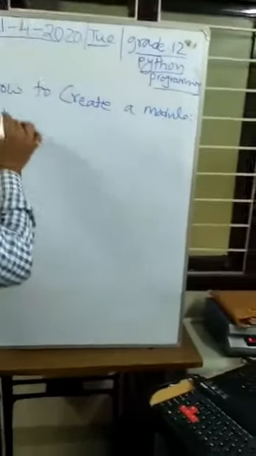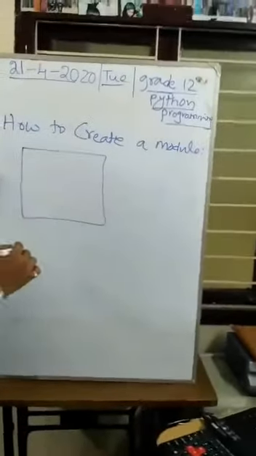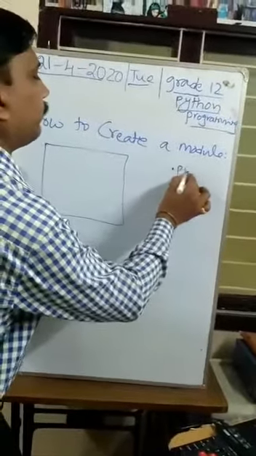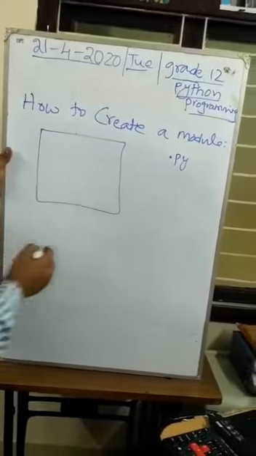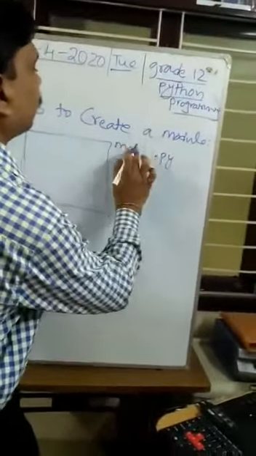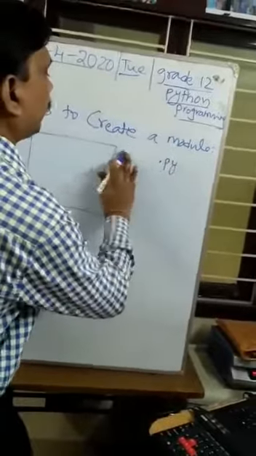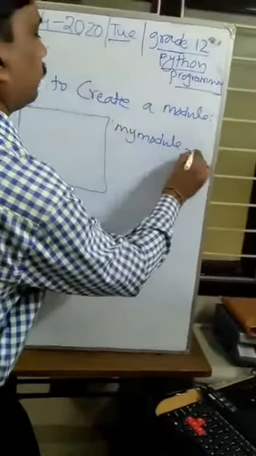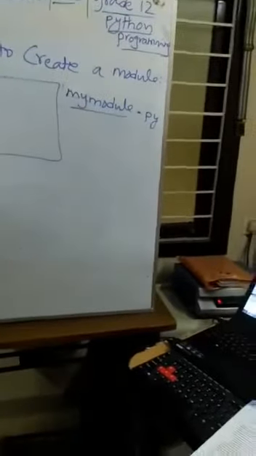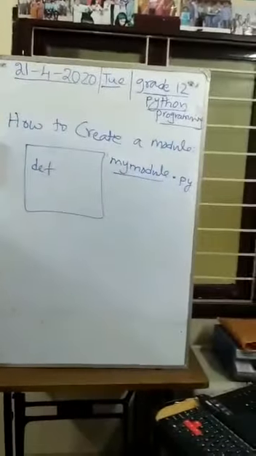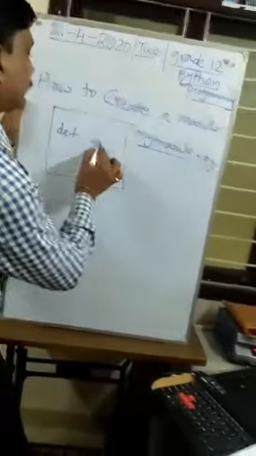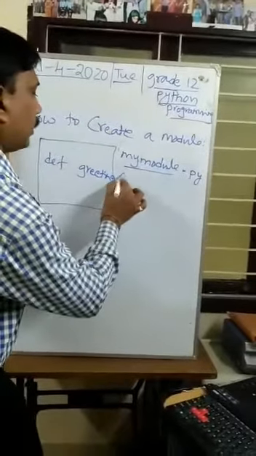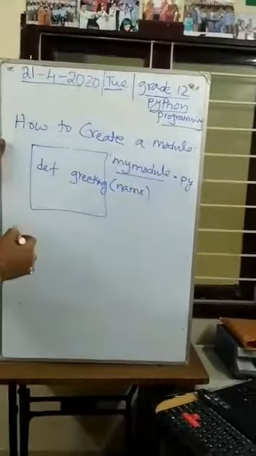First we create one file with the extension .py, for example example.py. This example name is mymodule.py. Here mymodule is the name of the module, with the extension py. Here I am taking one function, def greeting(name).